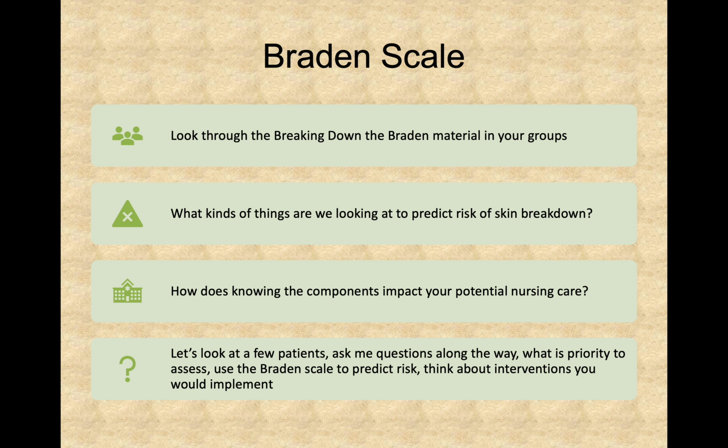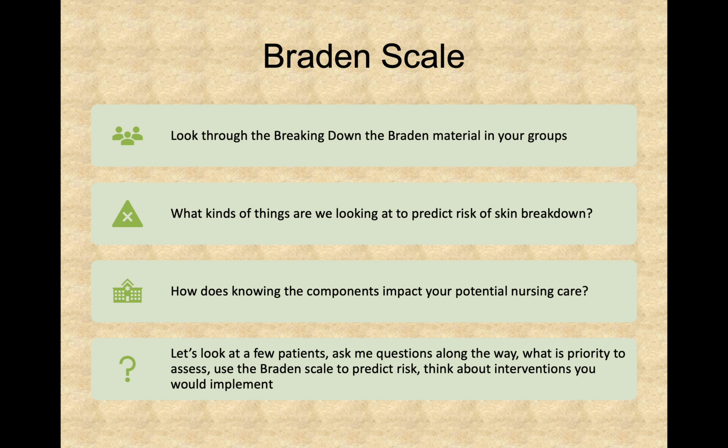So as you're reviewing that material, and we're going to work with this a little bit in class, so hopefully it will make sense to you, we're looking at different known factors. Let me say this a little differently. Different factors that we know can contribute to skin breakdown. All right.